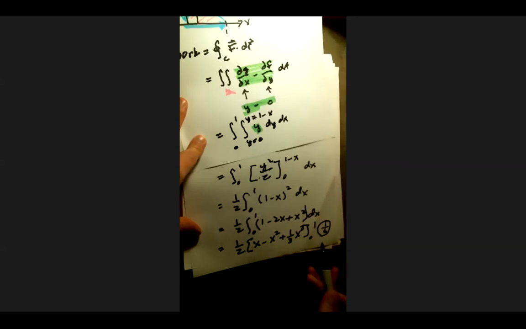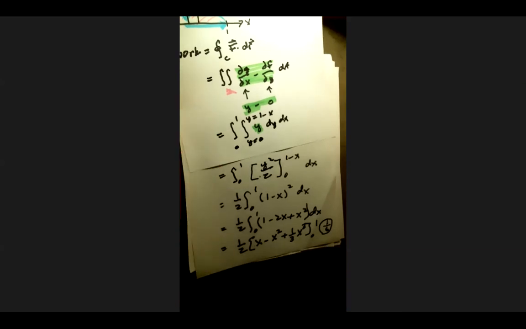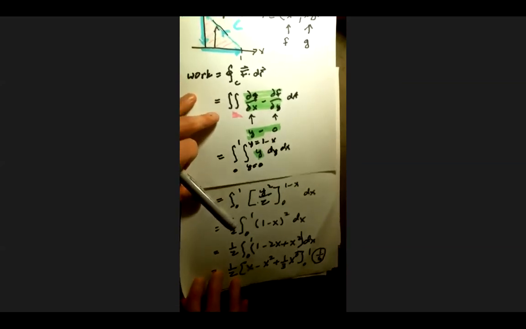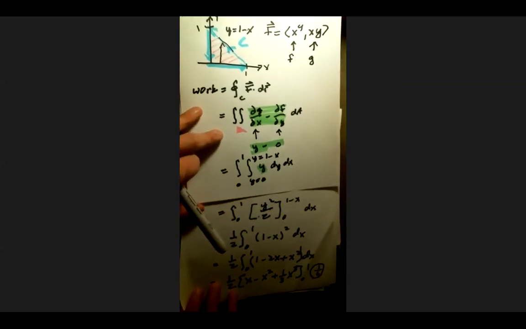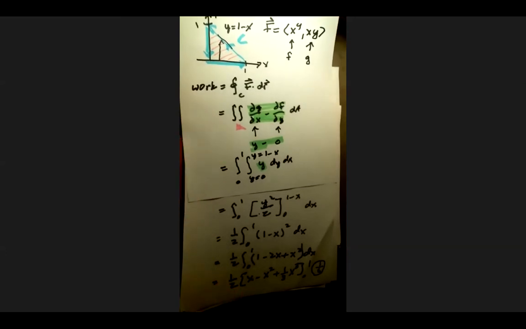What does this 1/6 represent? Work. So this would represent the work, exactly. Or the circulation. So if you think back to your homework that you just completed, when you were wanting to find work, the first step was always to parameterize.